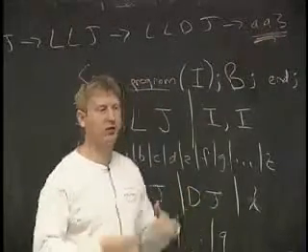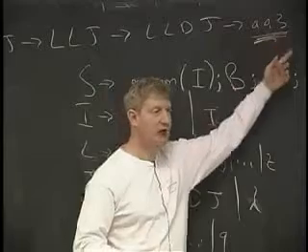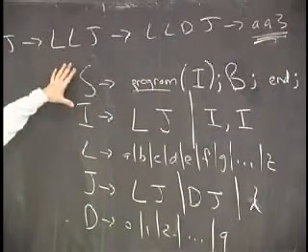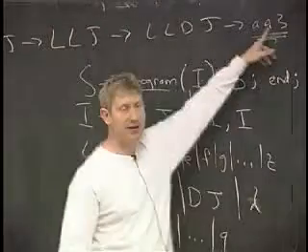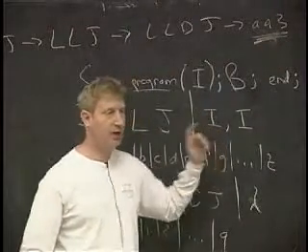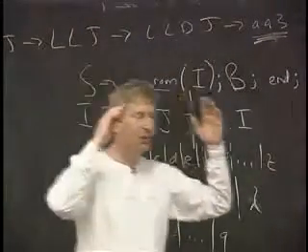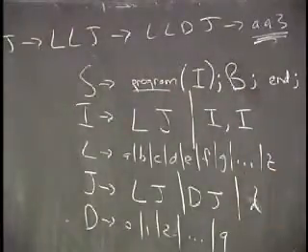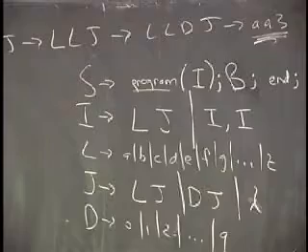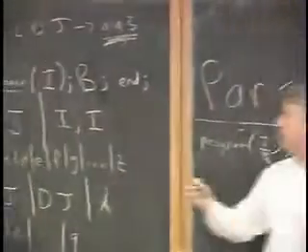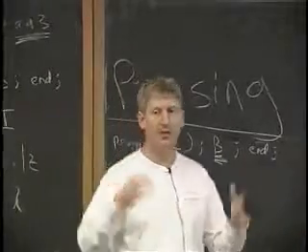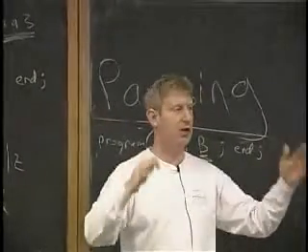Parsing is the question where if I give you a string that looks like this, you have to tell me, can you figure out a way to go from S through these productions to get to the string that I gave you? That's the question of if somebody gives you a context-free language that describes a programming language, and they write a program, you want to look at that program and decide whether you can start from the start symbol of that context-free grammar for the programming language and eventually generate their string representing a program.